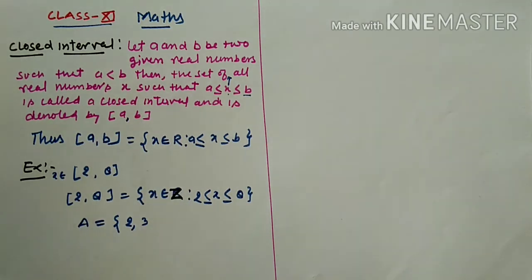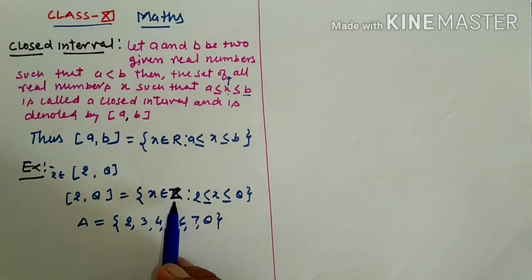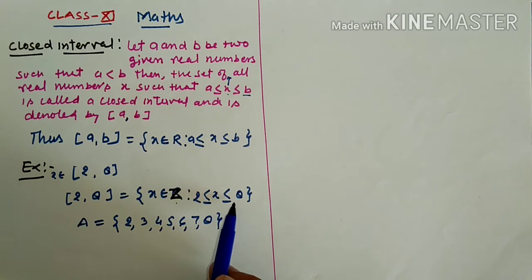If I will take integers, so we can write it as 2, 3, 4, 5, 6, 7, 8. Clear? X belongs to integers greater than equal to 2 but less than equal to 8. So this is our closed interval. Clear?